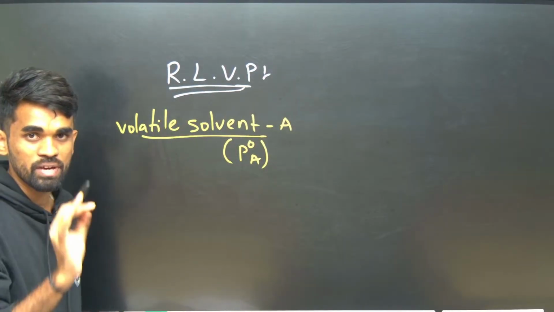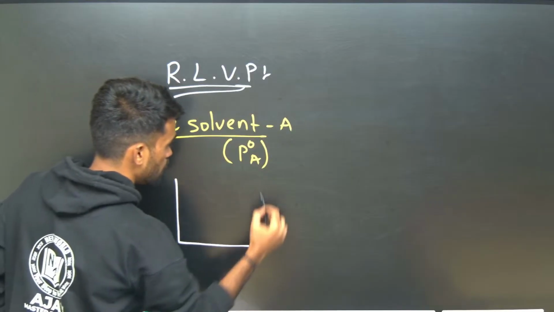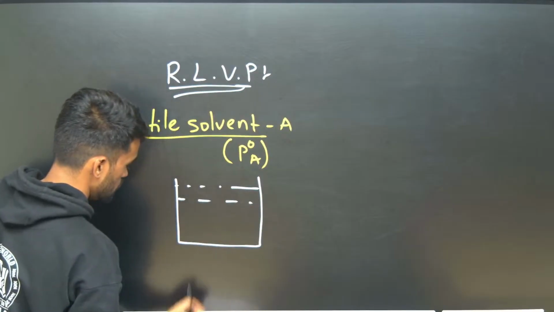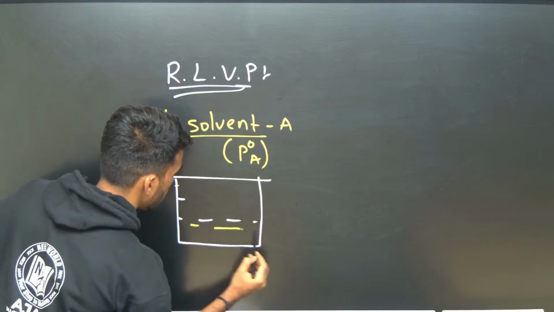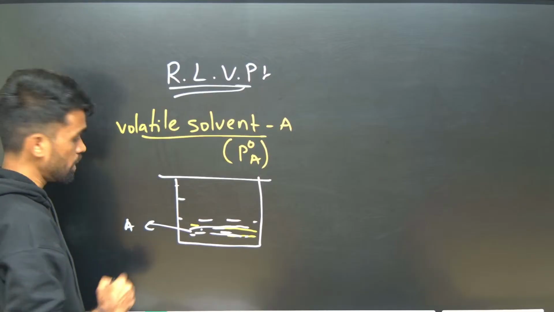Listen here, it will be very easy to understand. I have a beaker containing this volatile liquid in a closed jar, let us say. This is component A in the liquid phase.